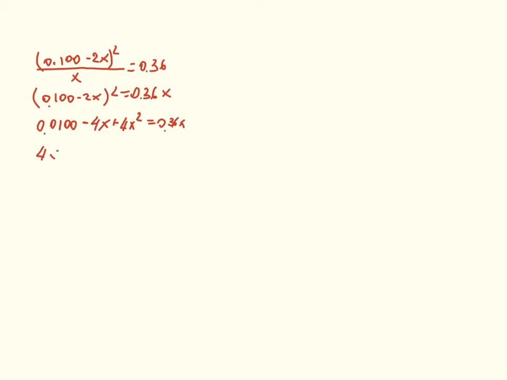Then let us rearrange it. 4x squared minus 0.4x minus 0.36x plus 0.0100 equal 0.